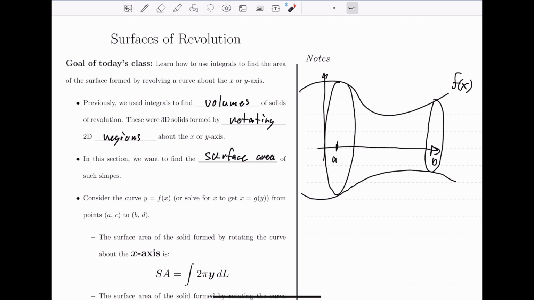First of all, let's just think of a slice of the surface area. What I'm going to do is think of a small portion of the curve right here, and I'm going to just think of spinning that portion of the curve about the x-axis. We'll just focus on rotations about the x-axis first. If I spin this small portion of the curve about the x-axis, I get a small band of area that looks something like this.